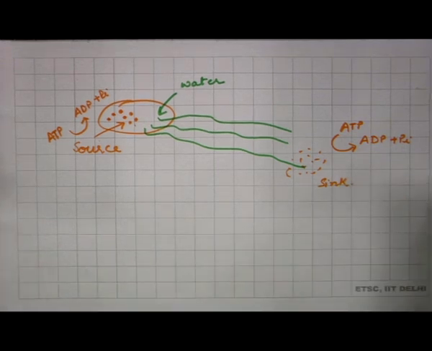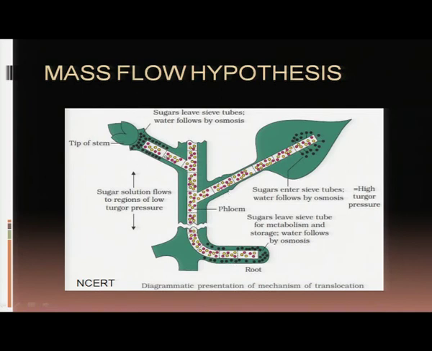This is the diagram that is given in your NCERT also. This diagram indicates the movement of phloem sap towards the growing buds and towards the storage organ, that is the root. So, sometimes this can be the sink, other times that can be the sink.